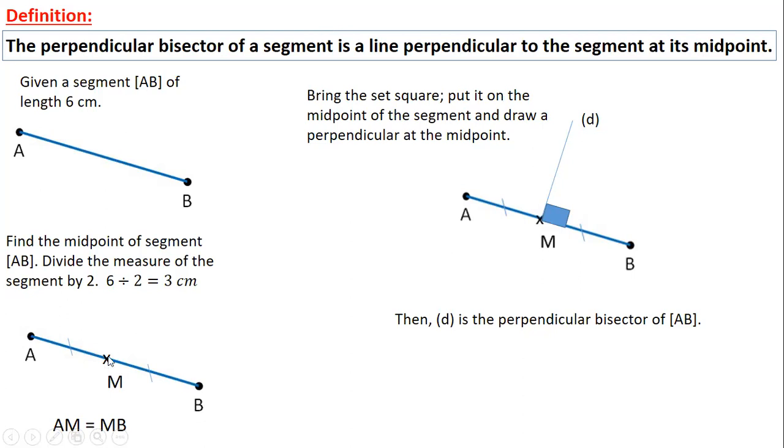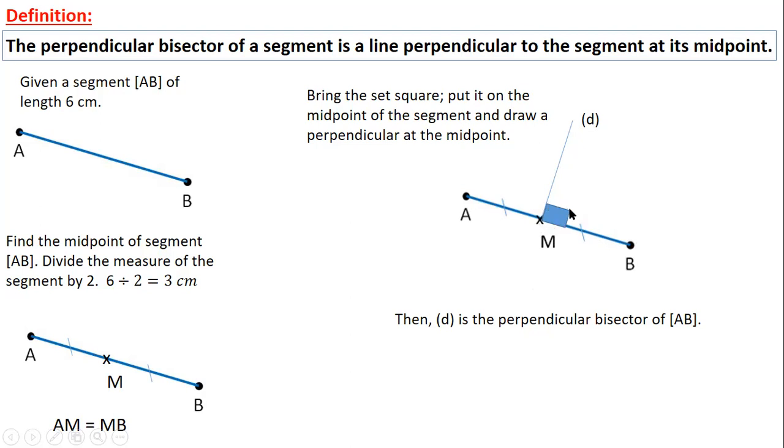Now, after finding the midpoint of the segment, I bring the set square. You still remember the set square. I put the short line of the set square on MB here, and the vertical line should pass in M. Then I draw a line. I draw this line, which I call D. It is the perpendicular bisector of segment AB.